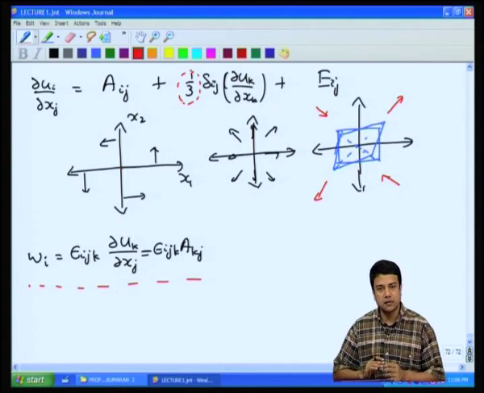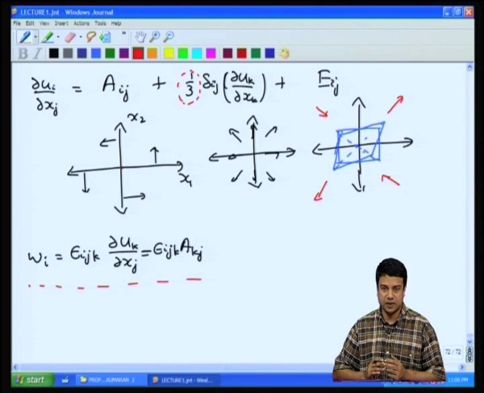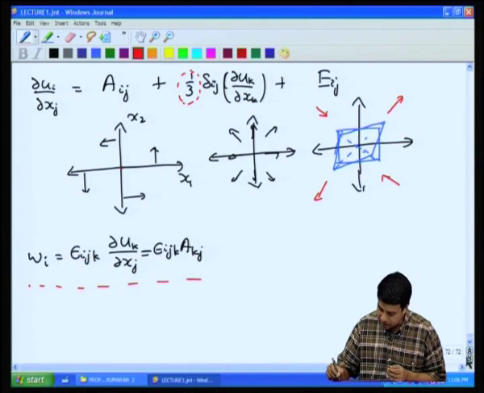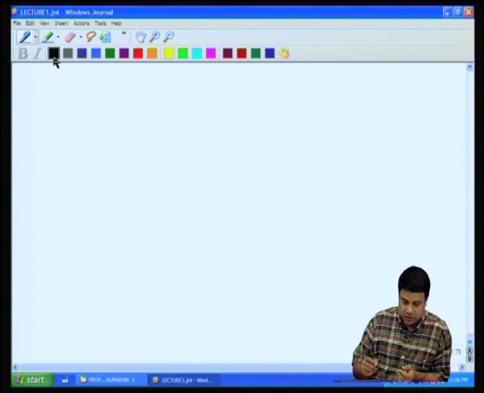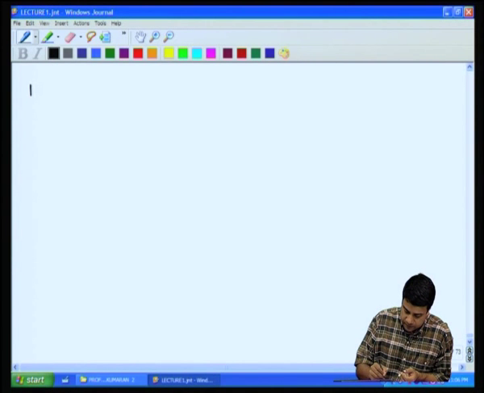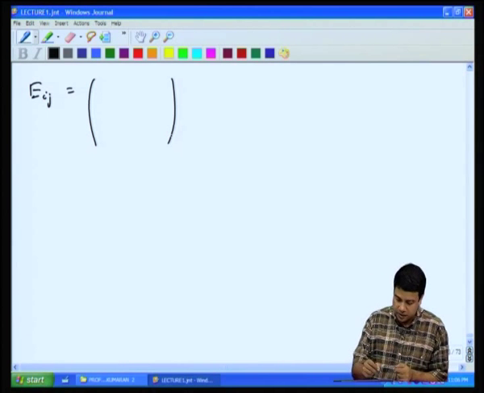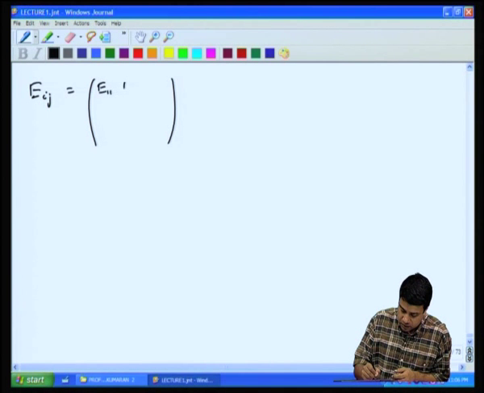So, in general, it is equal to 1 by d, where d is the dimensionality of the system. Okay. So, in 3 dimensions, these deformations can be of different forms. So, E ij is a symmetric traceless tensor. Okay. So, it is symmetric: E11, E12, E13, E12.